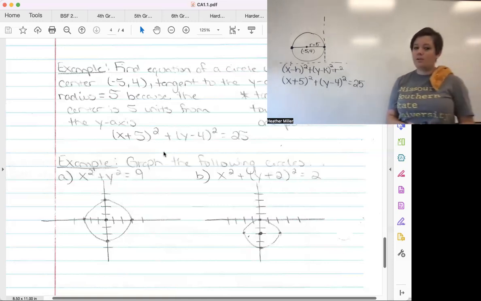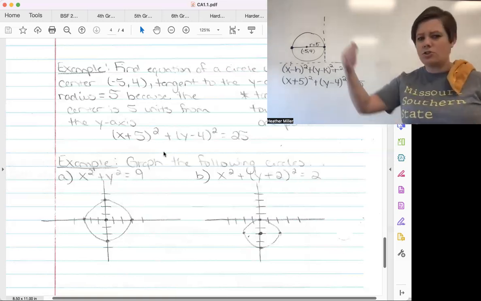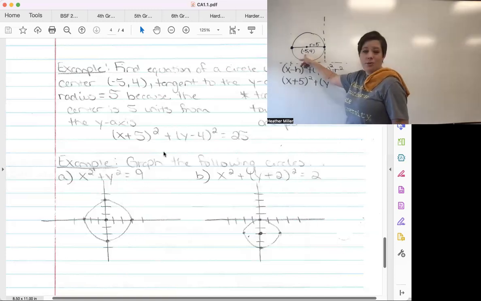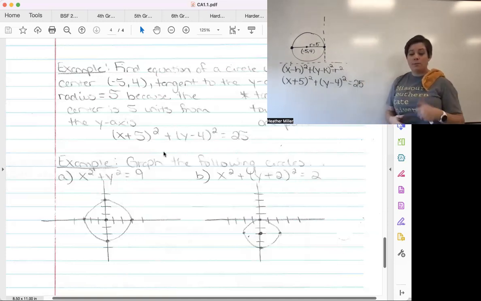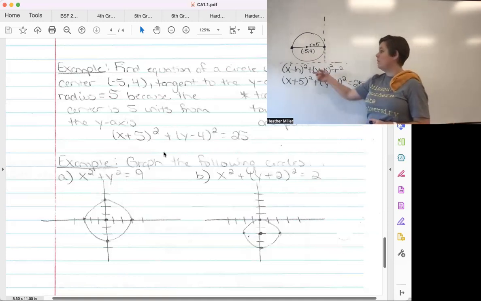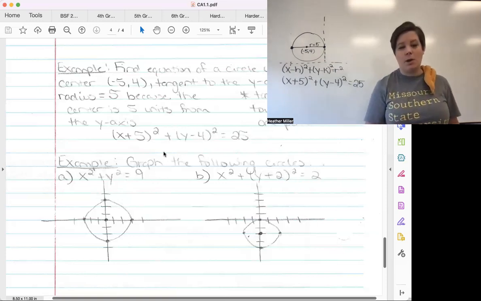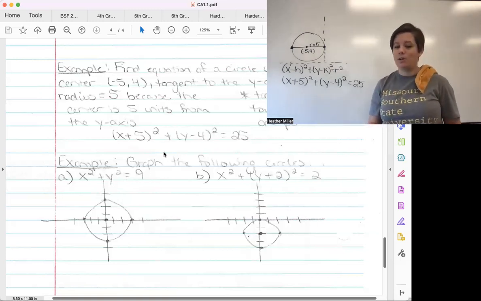So do be a little bit careful because that could seem a little weird: we are tangent to the y-axis, but our radius is actually dealing with our x's, because we have to move in the x direction to touch the y-axis. These problems could be very similar to this, only we could be tangent to the x-axis. And then we have to think about walking up or down to get there, and so then we're going to be looking at our y values.